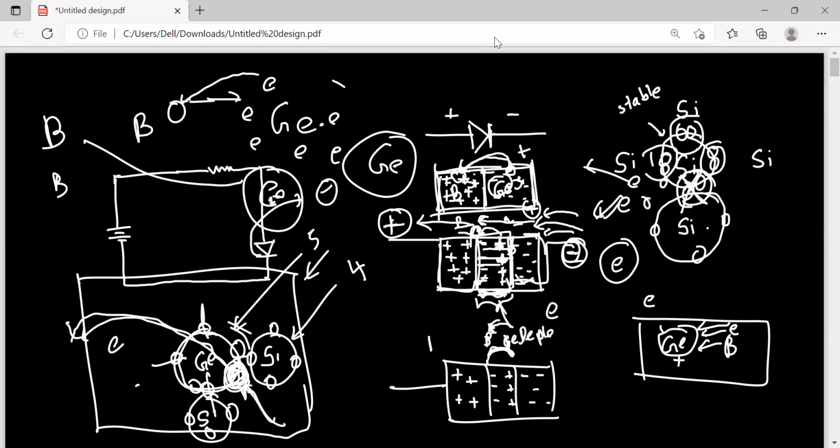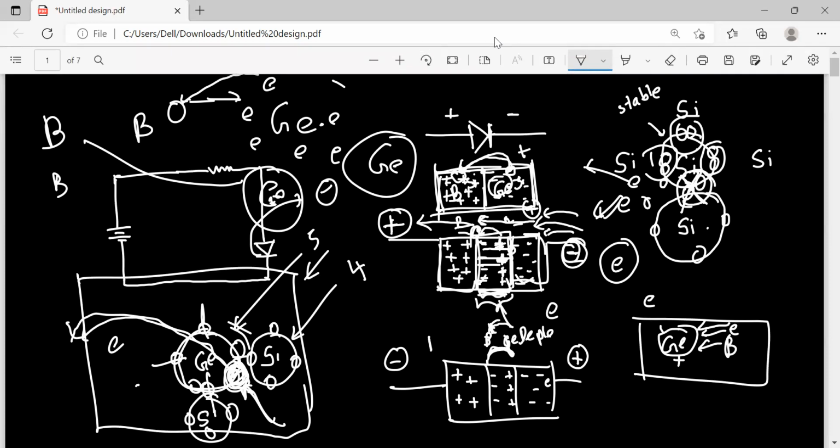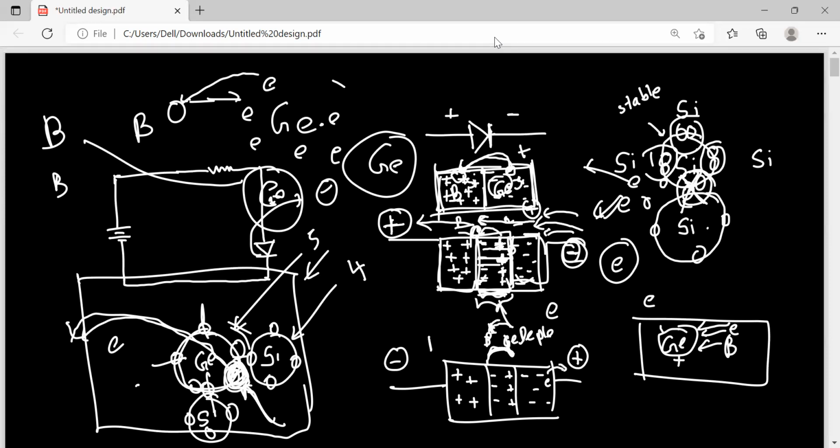So here there's going to be an n-type conductor. If you are providing on the next side, let's say you provide positive supply here and negative supply here, what's going to happen for this germanium is that the valence electron of germanium is going to be attracted from this side too.